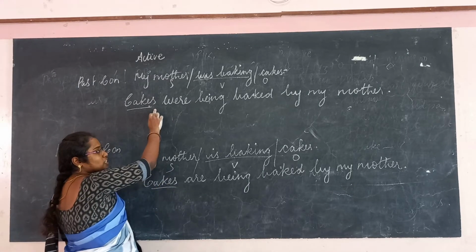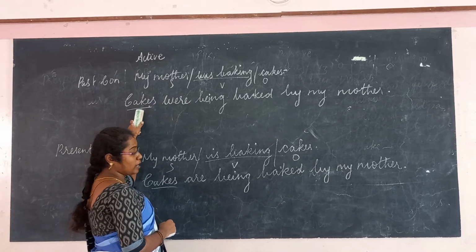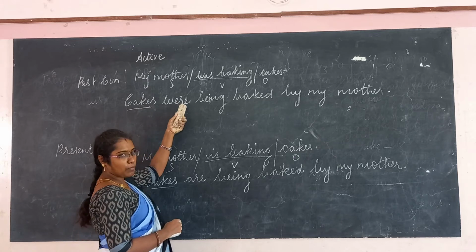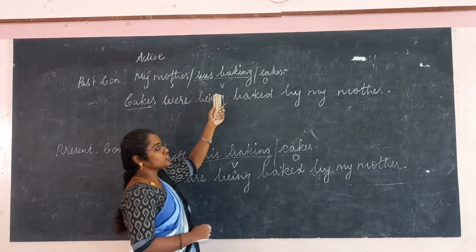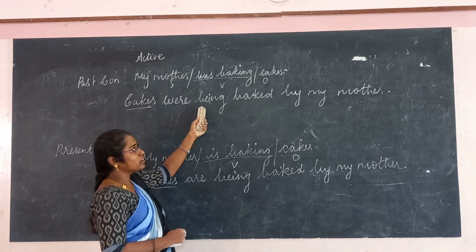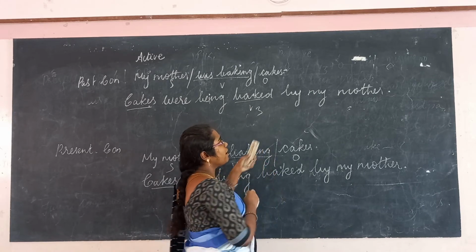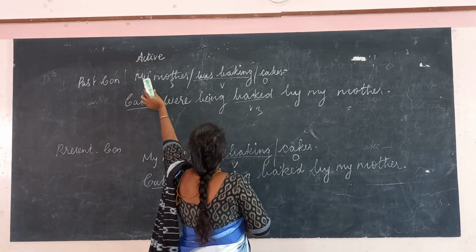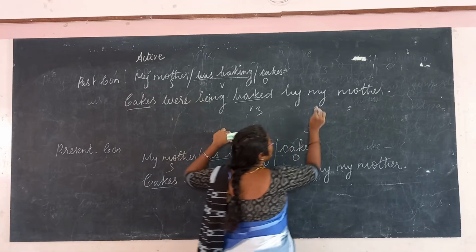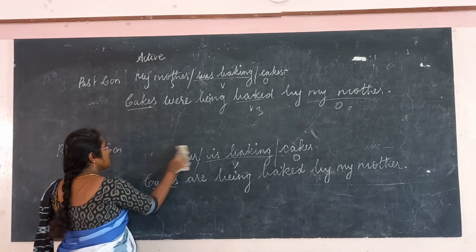First you have to change object into subject, and according to the number of the subject we have to add the be form verb according to the tense, and this is the continuous tense, so that's why I have added being. Okay, and then V3 of the main verb, and finally the word by. Okay, the last one, the subject. Here the subject and here the object. Okay, so now let me move to the next sentence.